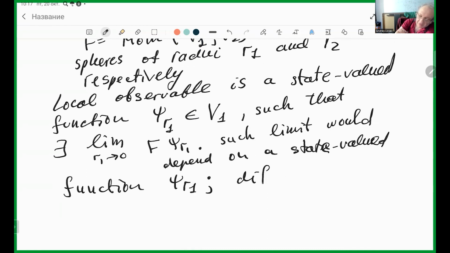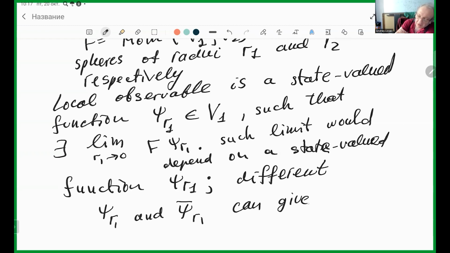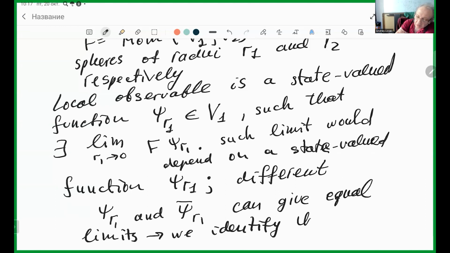Moreover, different functions can give an equal limit. So we identify them. Okay, so this is a definition.